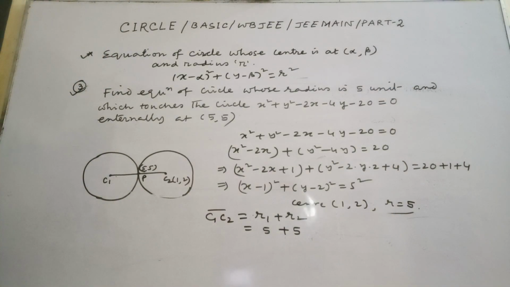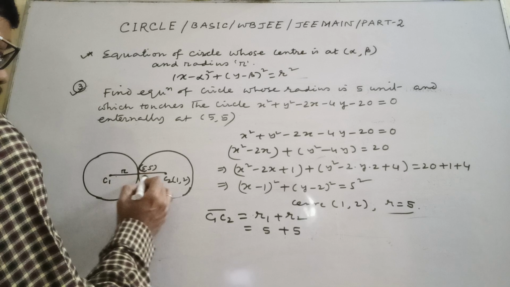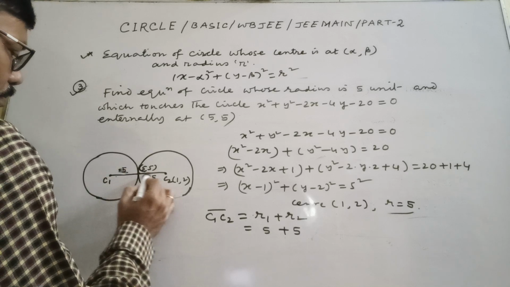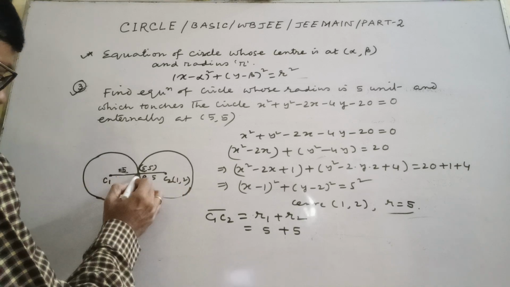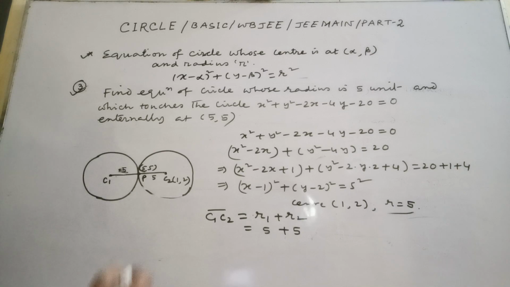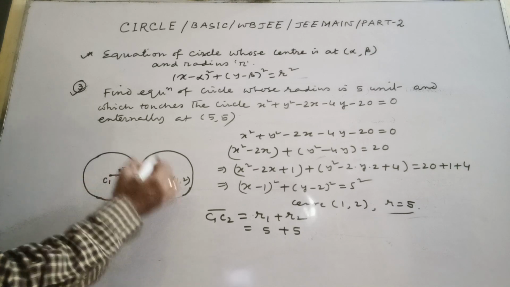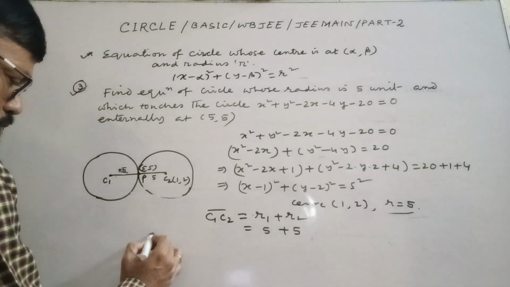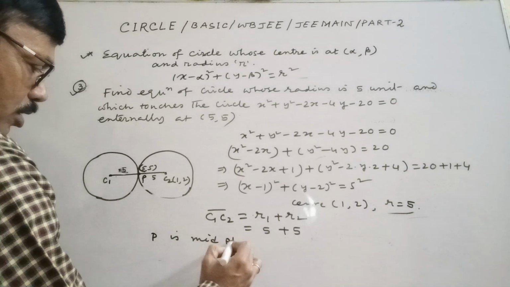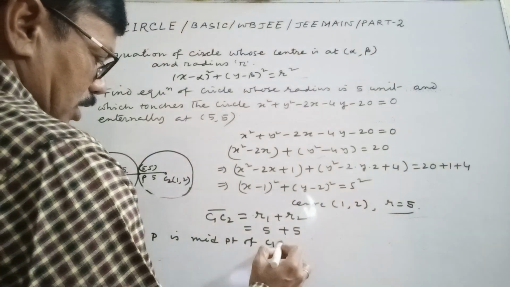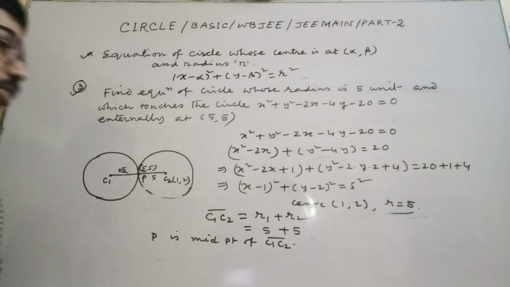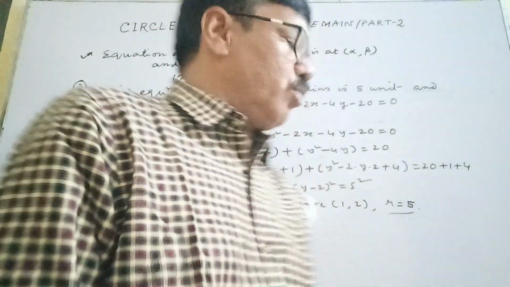So this one is 5, this one is 5. So P is the midpoint of C1, C2. This is to be noted.